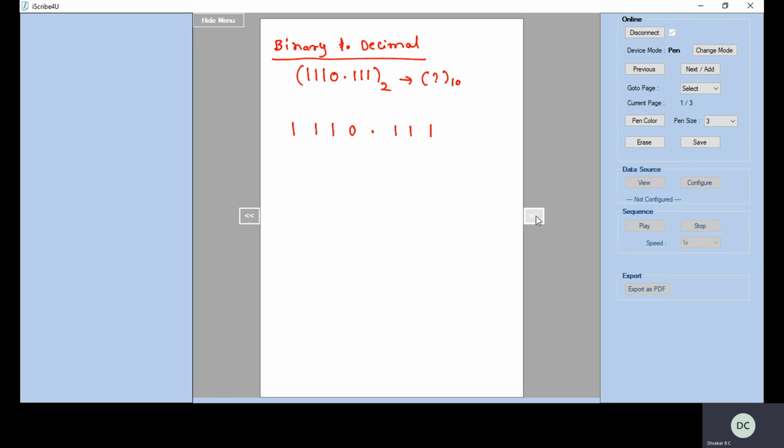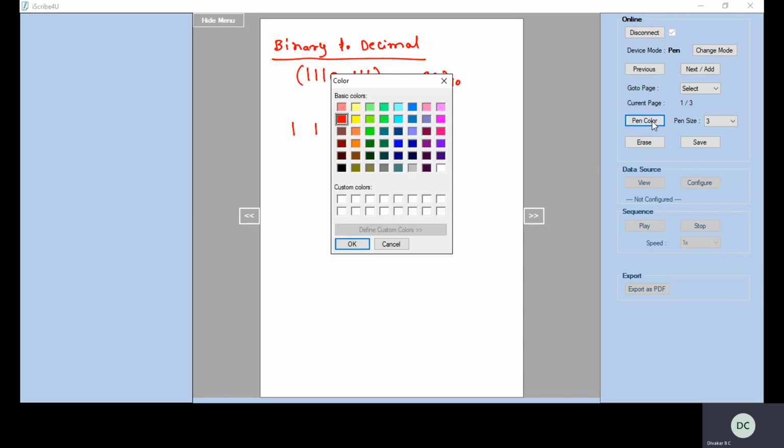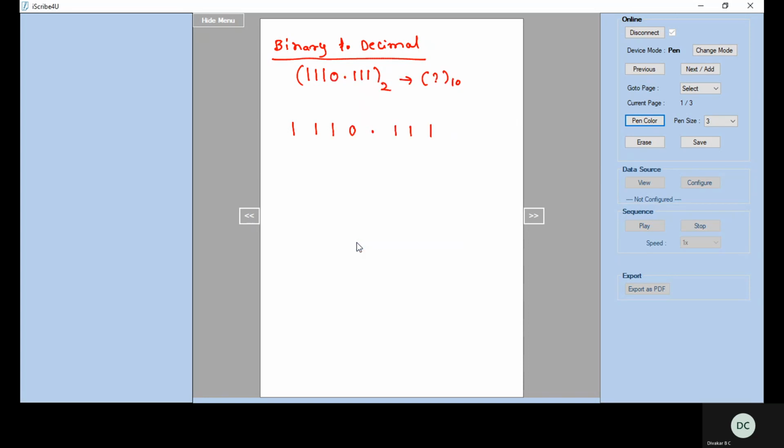After the binary point, multiply by the negative powers, that is 2 to the power of minus 1, 2 to the power of minus 2, 2 to the power of minus 3. Before the point, 2 to the power of 0, 2 to the power of 1, 2 to the power of 2, 2 to the power of 3.